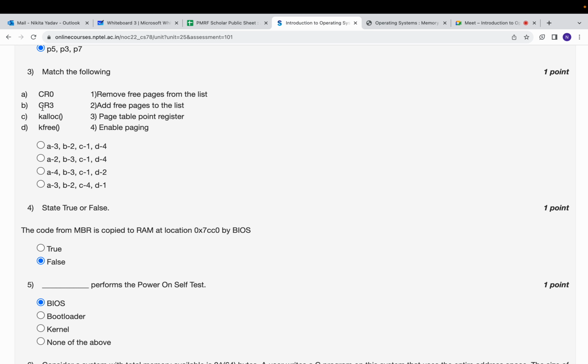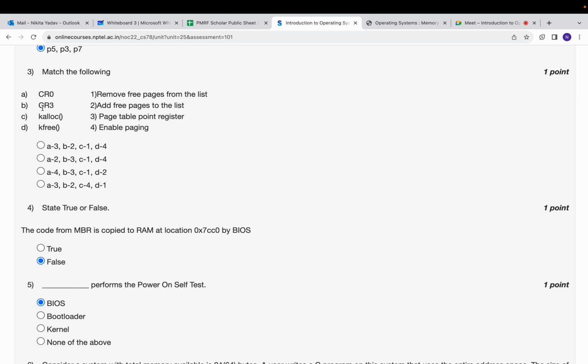They are not mentioned, ma'am. Two A is given. What is this, two A and four A? Four A is enable page. You said CR3 is about the page table.